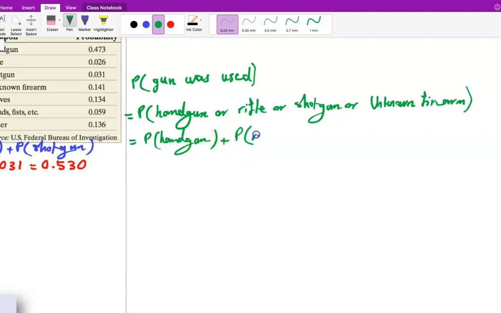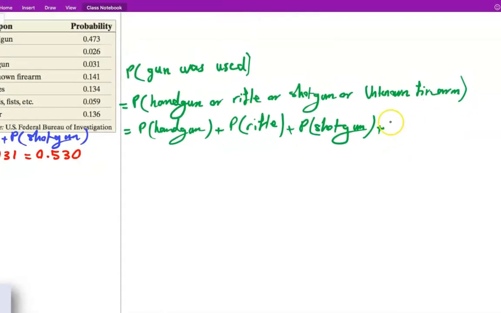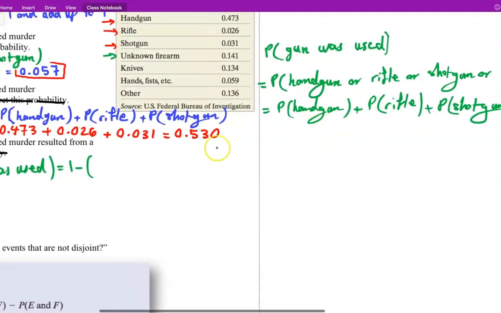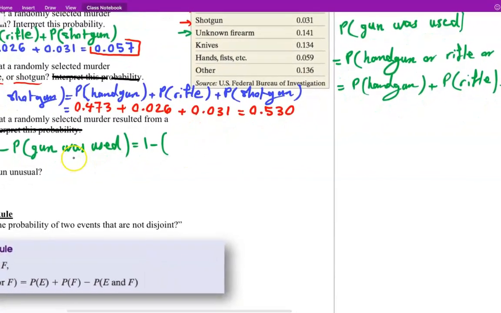So it's like this. Instead of writing that part here, I just summarize this one.